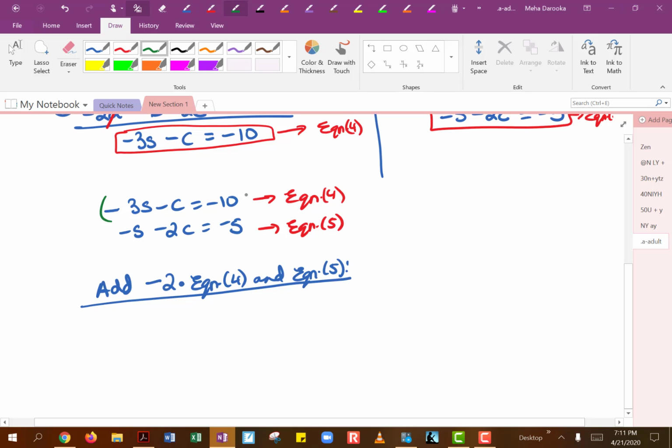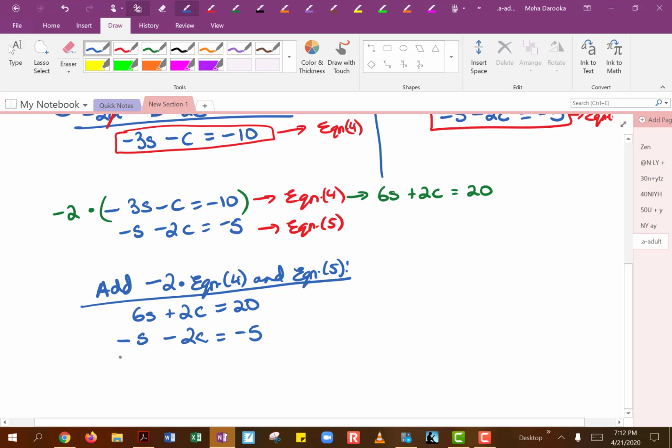Multiplying equation 4 by negative 2 will give us positive 6s, positive 2c equals positive 20. Equation 5 will stay the same, so that's negative s minus 2c equals minus 5.